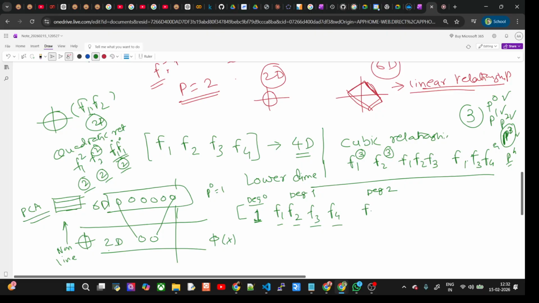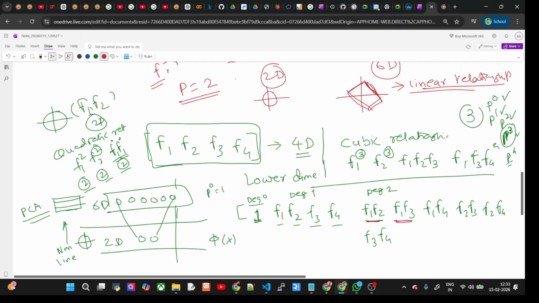What is the degree of 2? f1 f2, and then f1 f3, because our input is f1, f2, f3, f4, these are your 4 dimensions, and out of that you are choosing only the cubical relationship. So I'm checking f1 f2, f1 f3, and then f1 f4, and then f2 f3, then f2 f4, and then f3 f4.